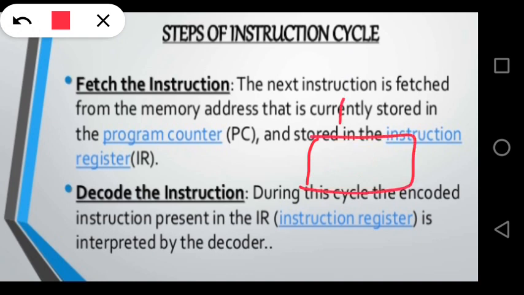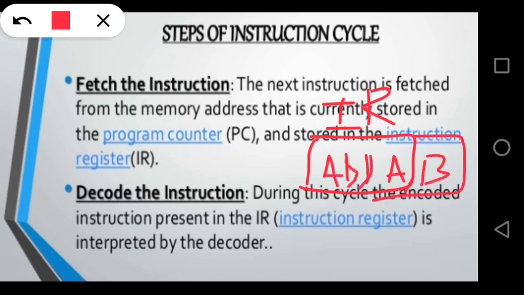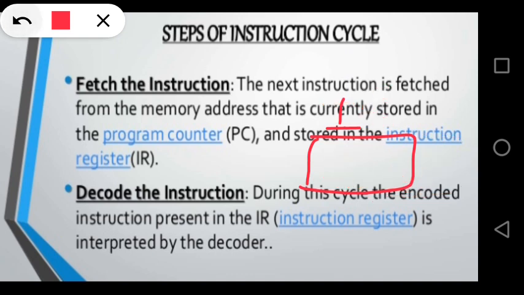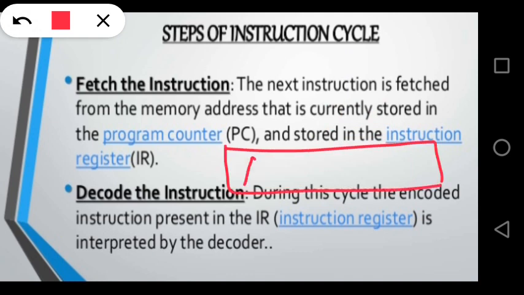The IR contains an instruction, maybe, let's assume, add a comma b is the instruction. So this is my instruction, add a comma b, that is stored in IR.